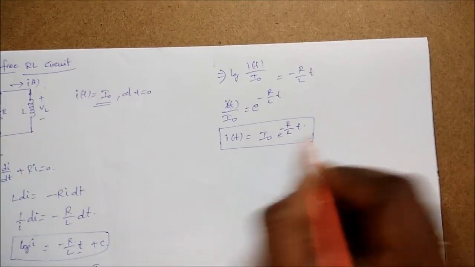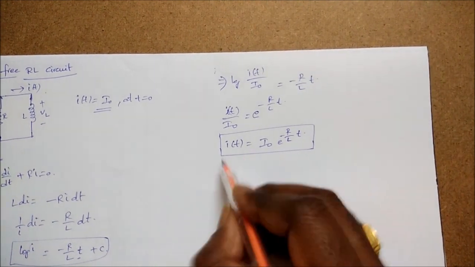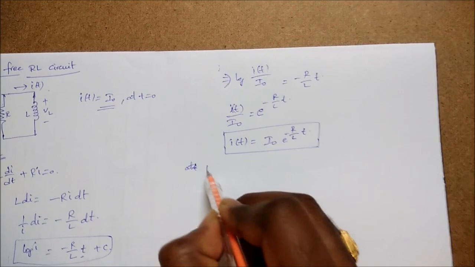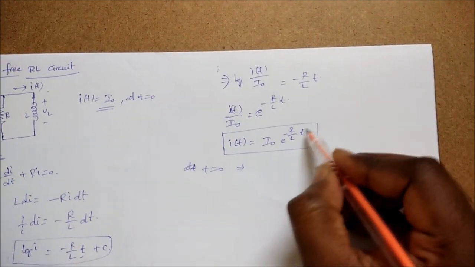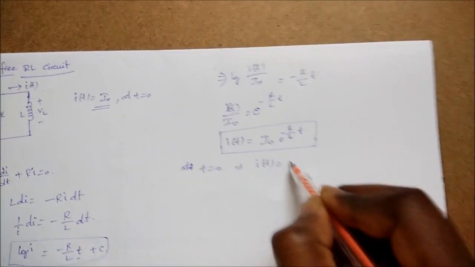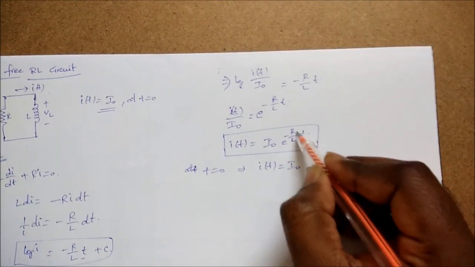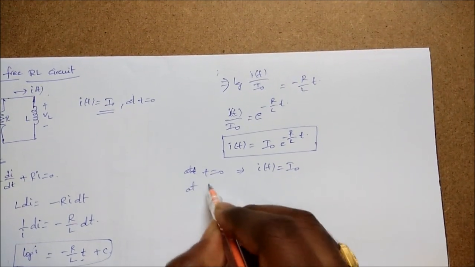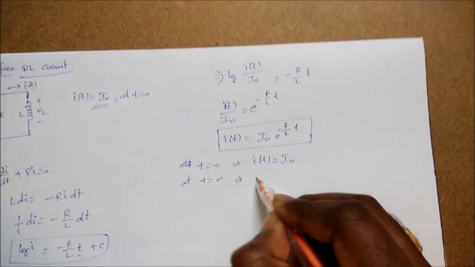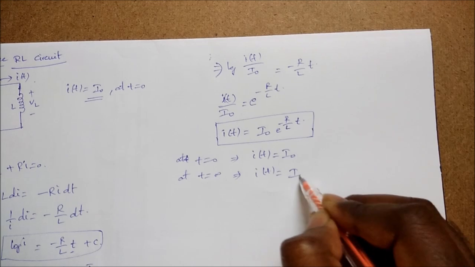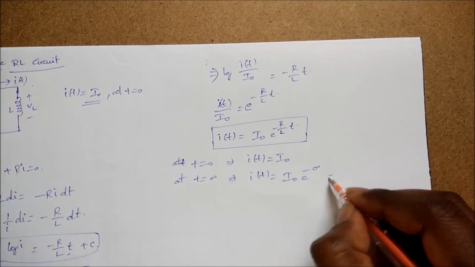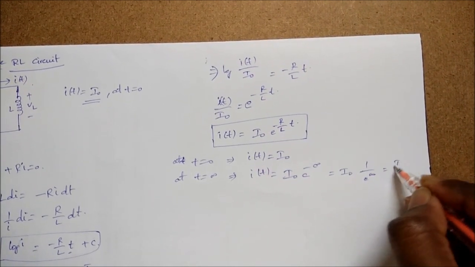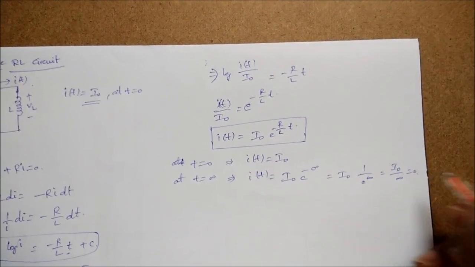Now let us draw the graph between t and I of t. At t is equal to 0, e power 0 is 1, so I of t is equal to I naught. At t is equal to infinity, I of t is equal to I naught into e power minus infinity, that is I naught into 1 by e power infinity, that is I naught by infinity, which is equal to 0.